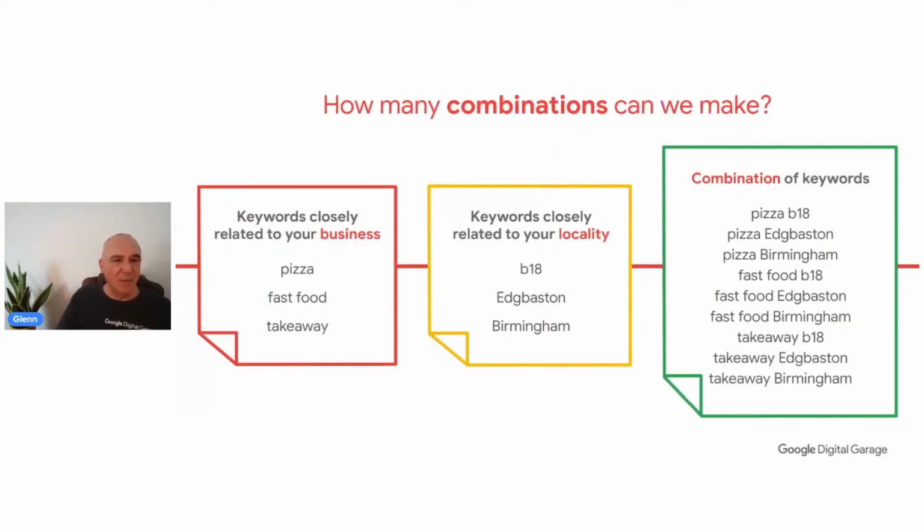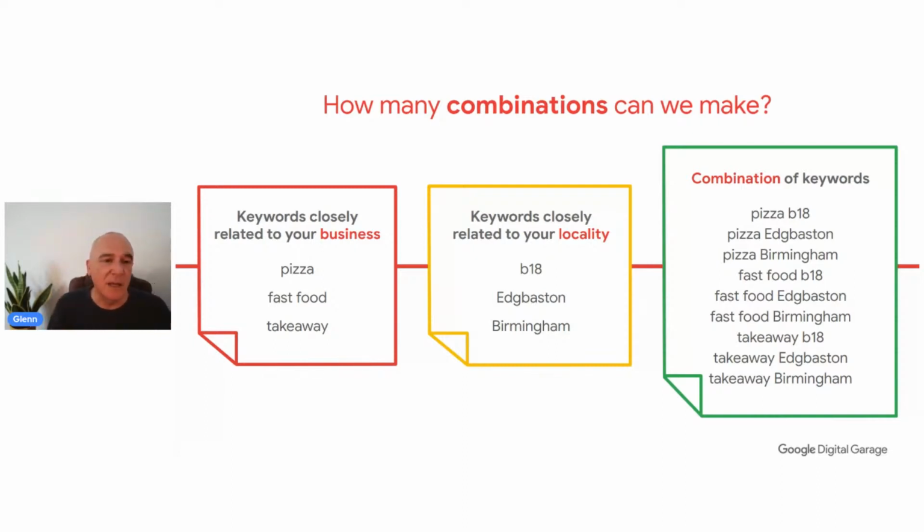So as an example, let's have a look at how many combinations we can make. Now, for me, the point of this is that we do need to build up a fairly large keyword list. A couple here and there won't do. The more keywords that you have that are matching the terms that are going to be entered into the search engine by your customers, the better chance you have of being matched to them and being served to them as a search result.